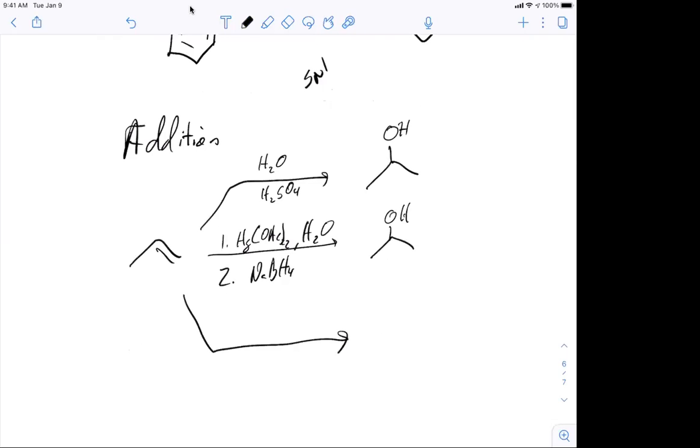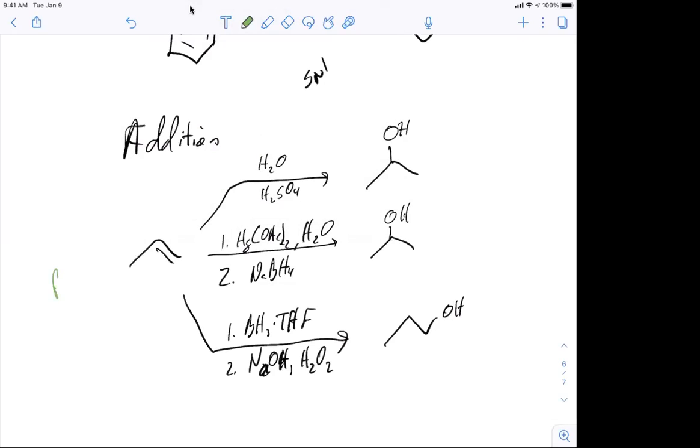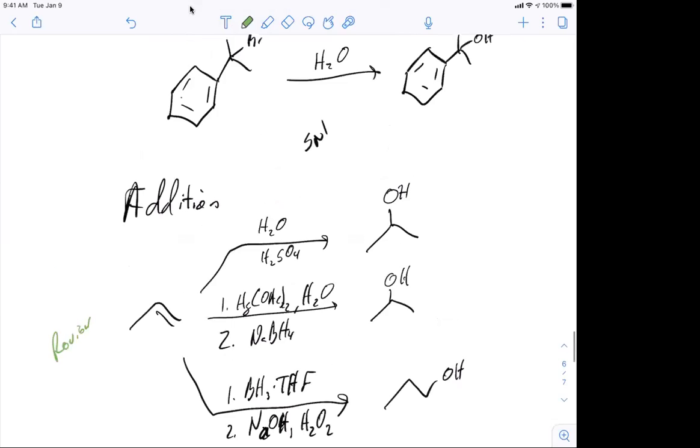And then I could end up with the least substituted by adding the sodium borohydride plus the basic hydrogen peroxide, right? And this is all review. We've seen these before, right? This was review. Okay.